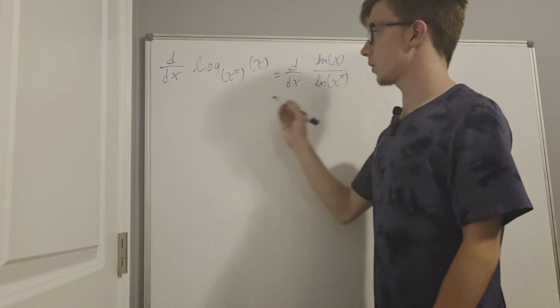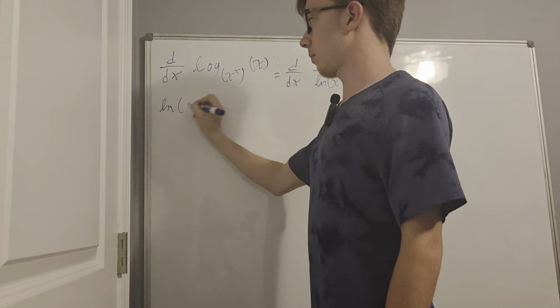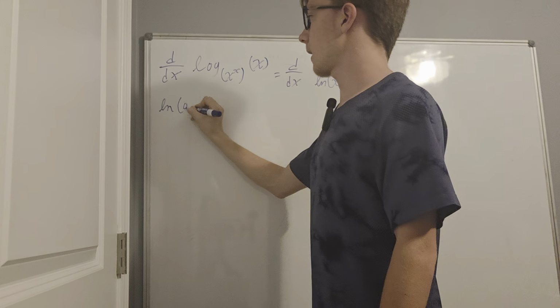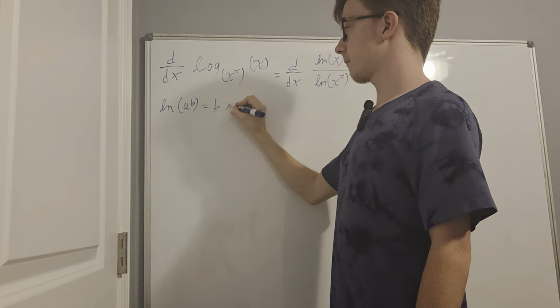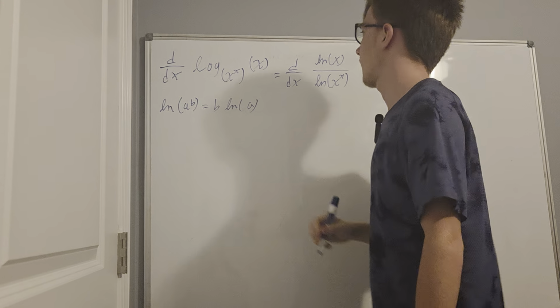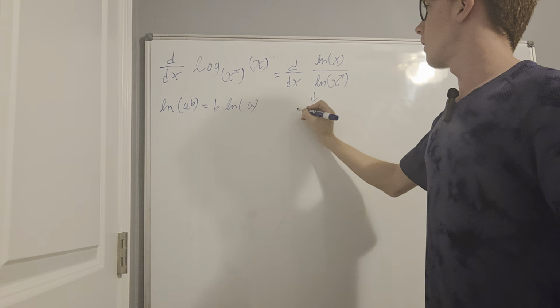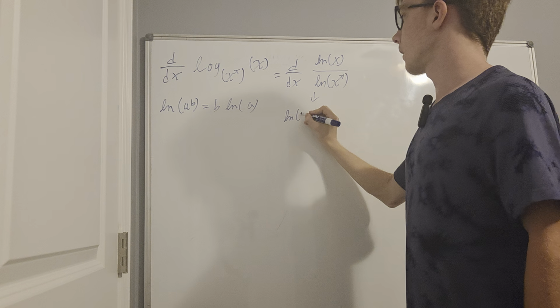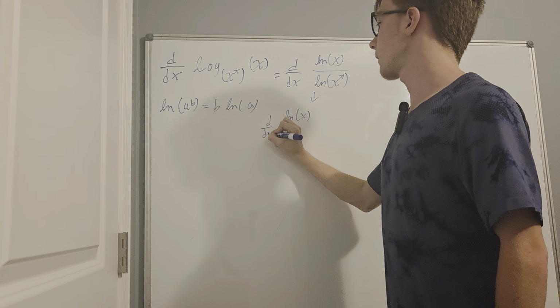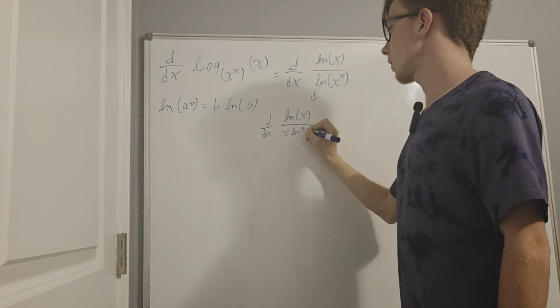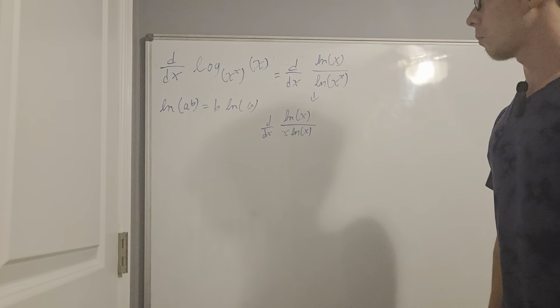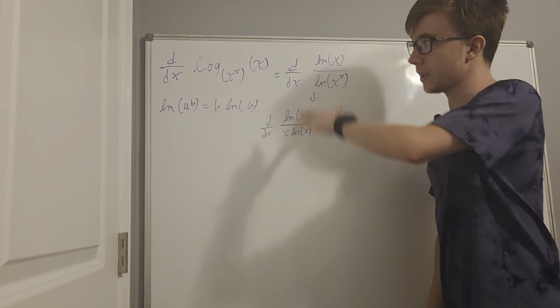Now with our logarithm rules, we know that the logarithm of a to the b, where b is the power, is equal to b ln a. So I can take this down here, and now we're looking at the derivative of the natural log of x over x natural log of x. Actually, this is looking pretty nice, right?